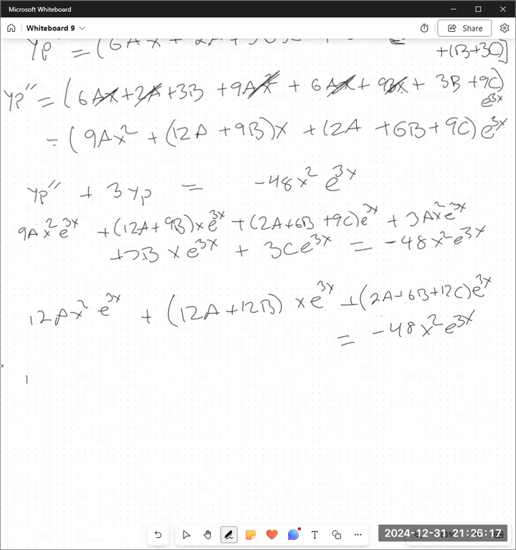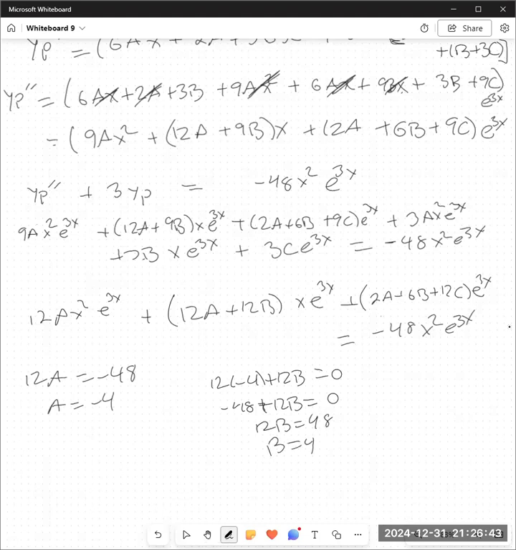So now we have 12a x squared needs to be equal to negative 48 x squared, and a needs to be negative 4. 12 times negative 4 plus 12b is equal to 0. Negative 48 plus 12b equals 0, so 12b equals 48, and b equals 4. 2a plus 6b plus 12c also equals 0.